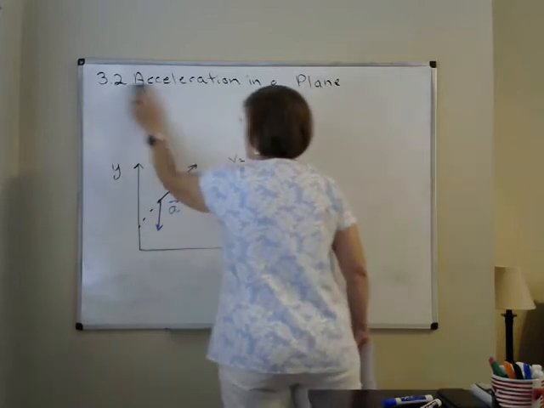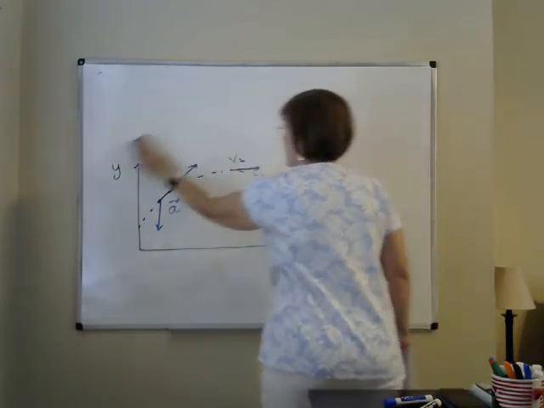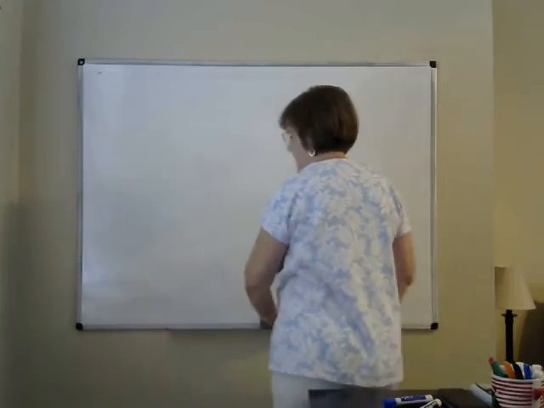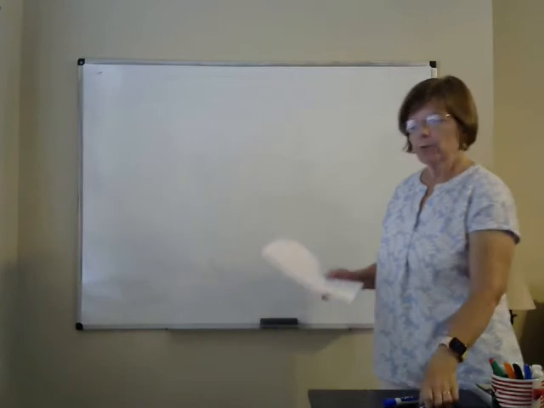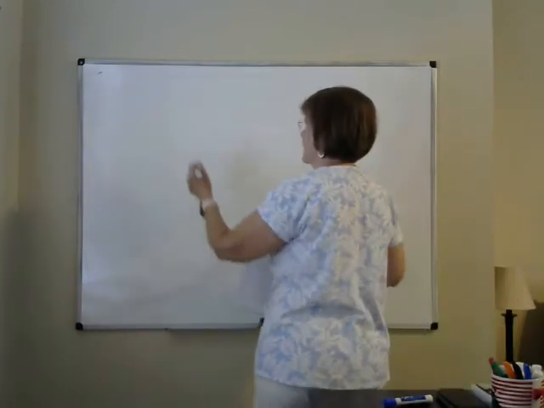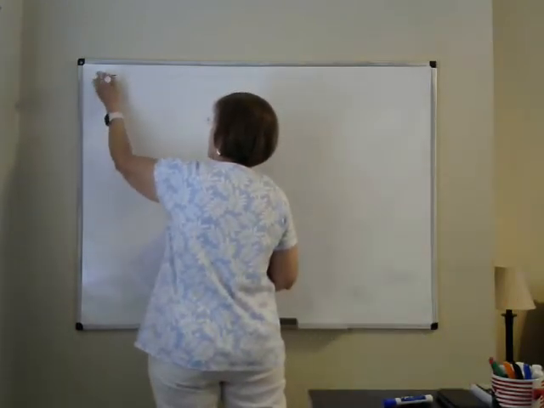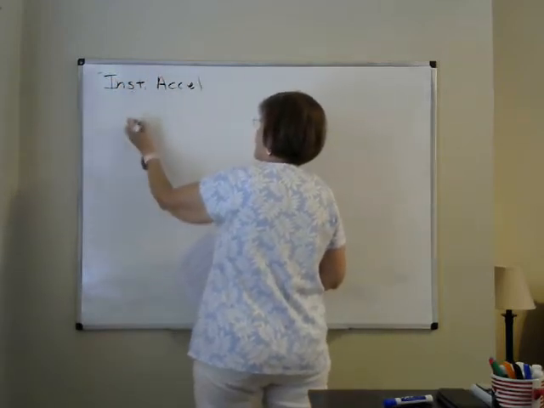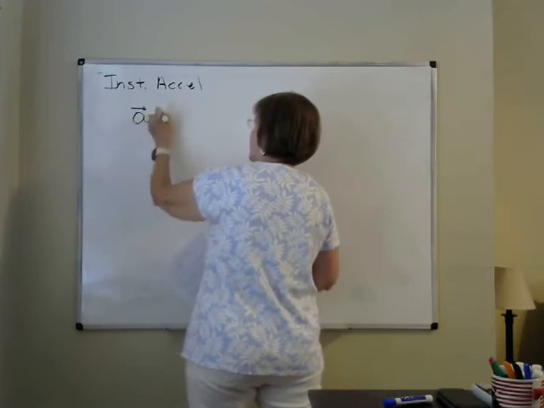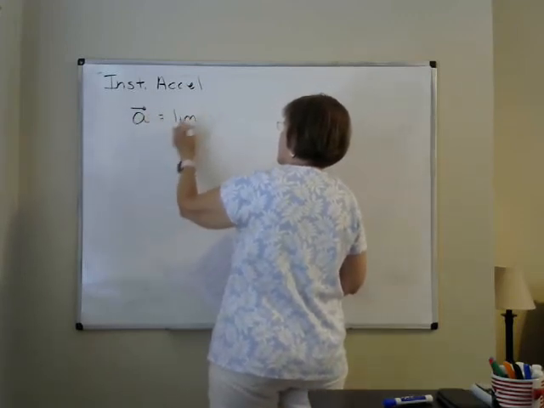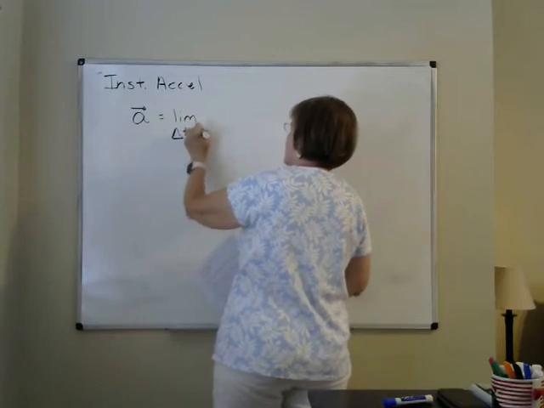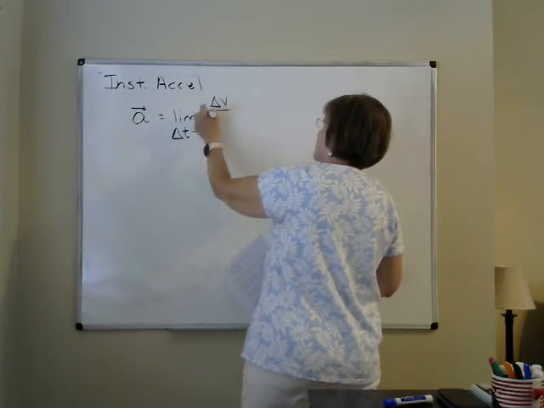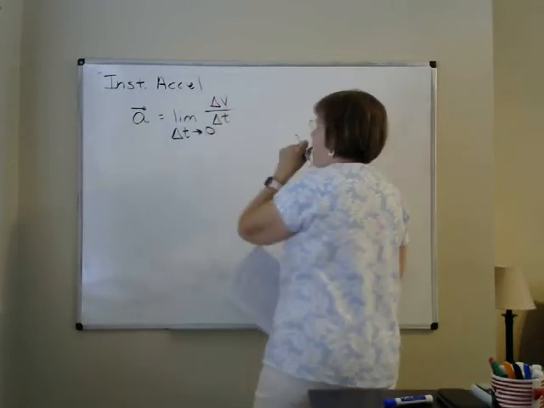If we want to talk about instantaneous acceleration, the acceleration at any particular moment in time, all we do is make that time interval really small and we get a limit. So the instantaneous acceleration, which we usually just represent with an A, is the limit as the time interval approaches 0 of the change in velocity over change in time.